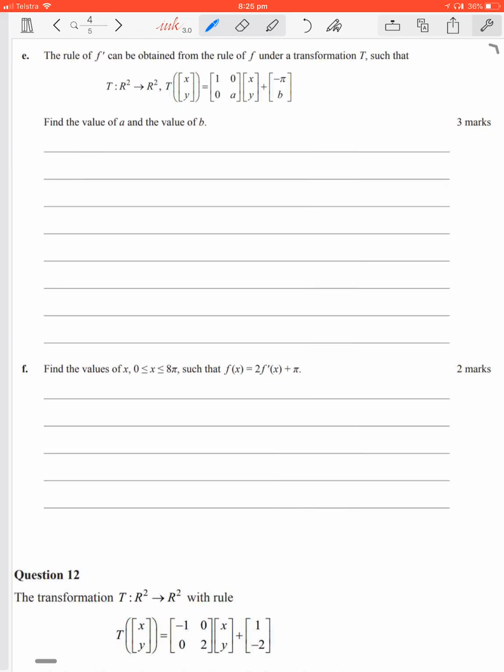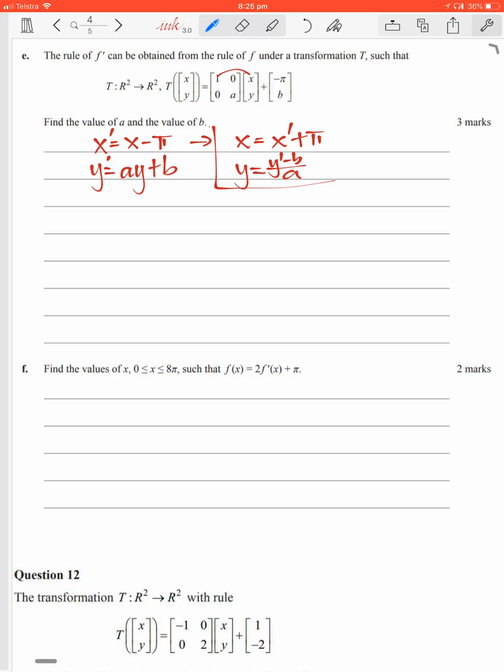So let's expand it out. x dash is equal to x minus pi. y dash is equal to ay plus b. Okay, so let's transpose them. So we get x equals x dash plus pi. y is equal to y dash minus b on a.